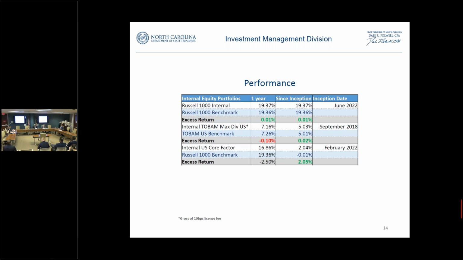And I don't want to discount the fact that that internal U.S. core factor strategy was literally born internally. Greg developed that strategy with the intent of lowering our exposures over time to those top heavy names in the index, and really trying to lessen that volatility for our portfolio and create a little bit more diversity.